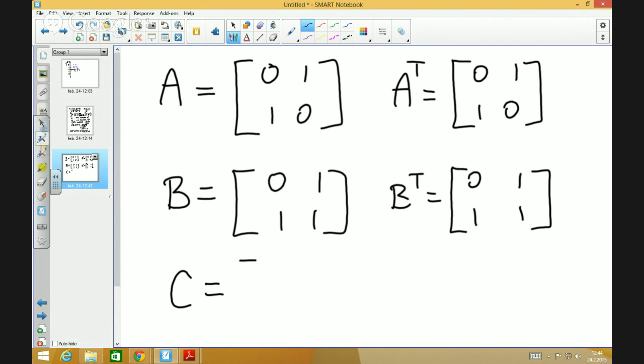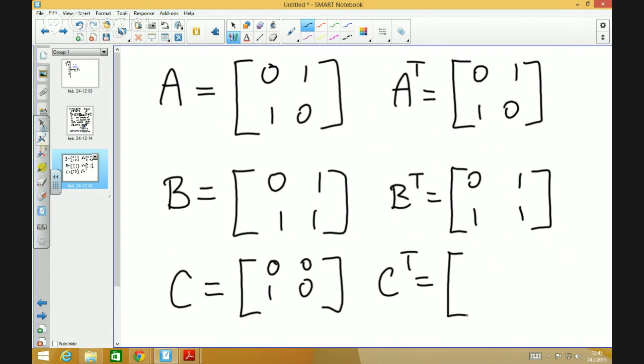If instead I take the matrix C that looks like this, what is the transpose? So this is the entry, which is at position 2, 1.